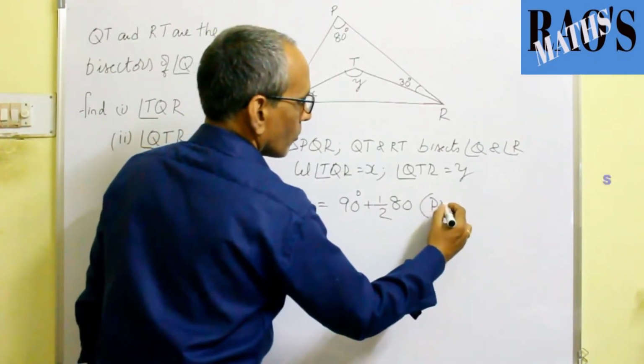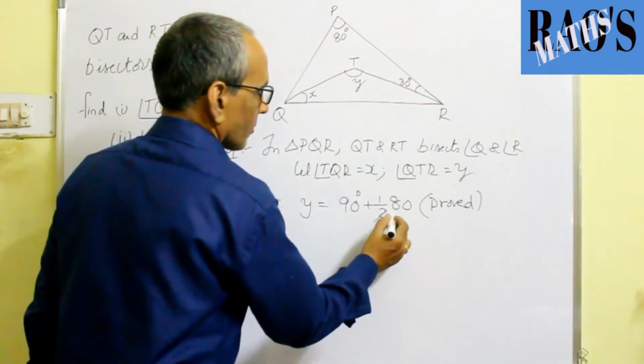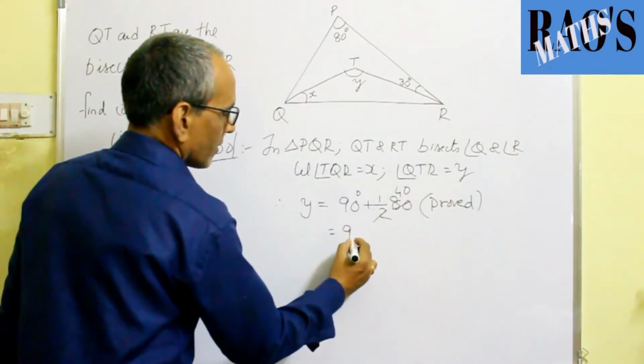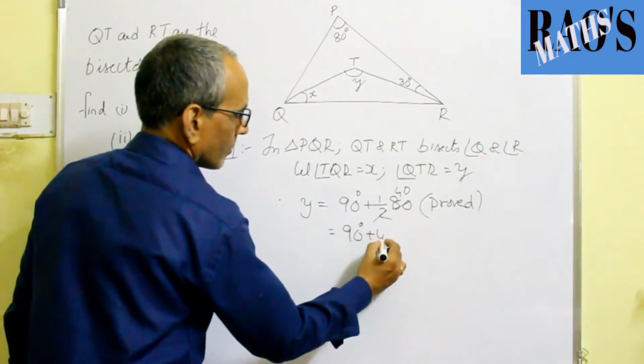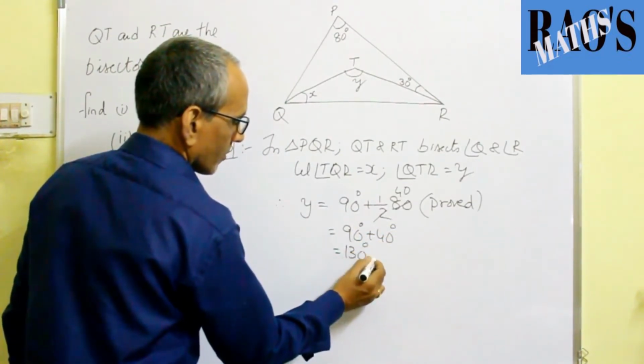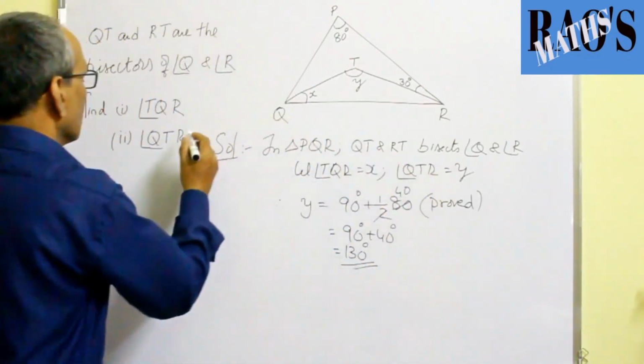Because it is already proved, we will not show how. So 90 plus 40, which is 130 degrees. We got Y, that is QTR.